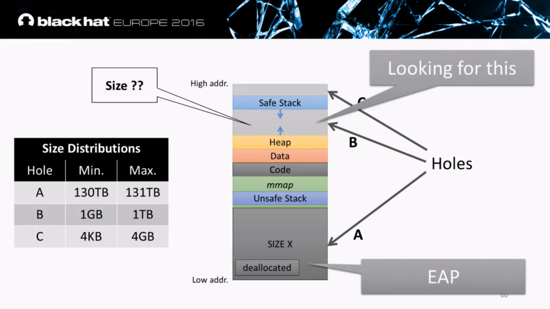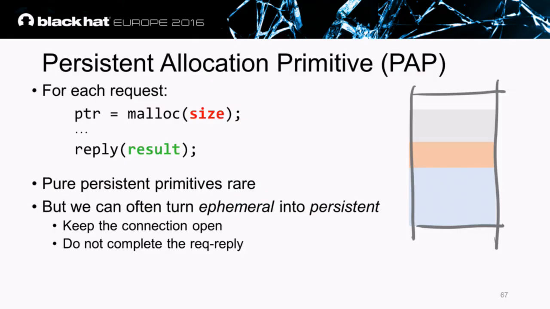But if we do it with the short-lived technique, the memory gets deallocated. So we need something to keep that region allocated, because we want to build on top of it. We want to keep it there, and then probe again for a hole size, and have this end up in hole B. So what can we do?